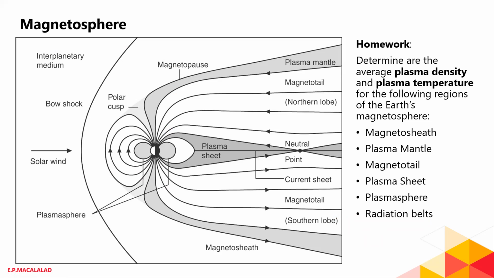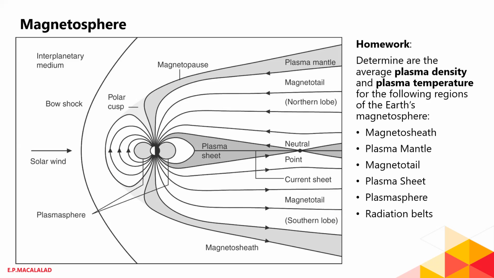You just have to tabulate it and make sure that you cite the source of your information, whether it comes from the book or from an internet source. Make sure in your table you show me where you got the information. You don't have to compute or measure it. There's no way you can measure it right now, although you can use satellite data to estimate, but that is beyond this course.